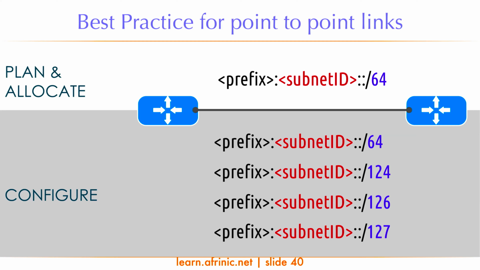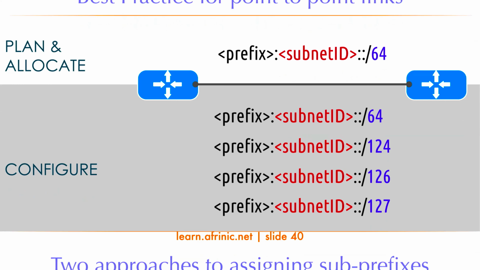When it comes to assigning sub-prefixes, you have your block and you're splitting it up. There are 2 ways you can split your blocks and assign them. You can use sequential, whereby you pick the first subnet, go to the second subnet, go to the third, the fourth, sequentially, right?